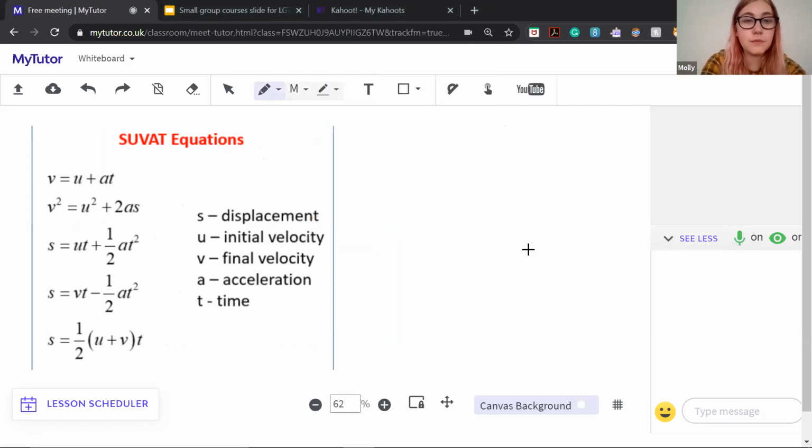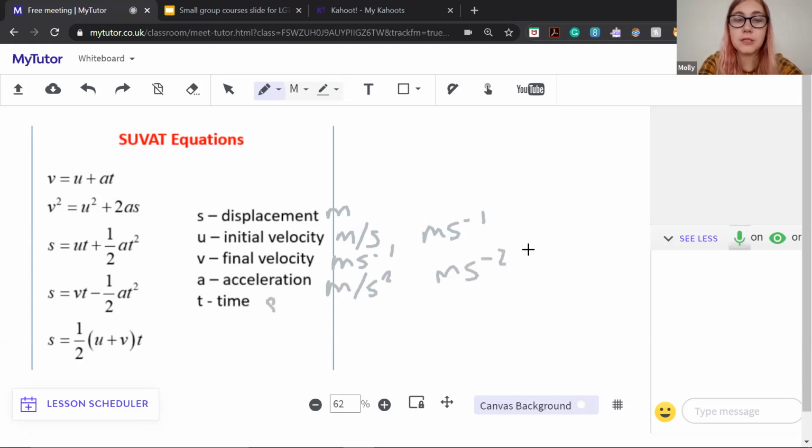So displacement, that's distance, that's just in meters. Velocity, that's meters per second, and we can write it either like this or like this. They both mean the same thing. Acceleration is meters per second squared, so either written like that or like that, and time is just in seconds. So if you hear me using those units, that's what I mean.